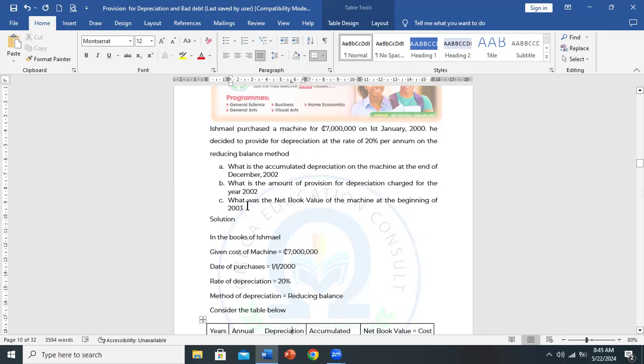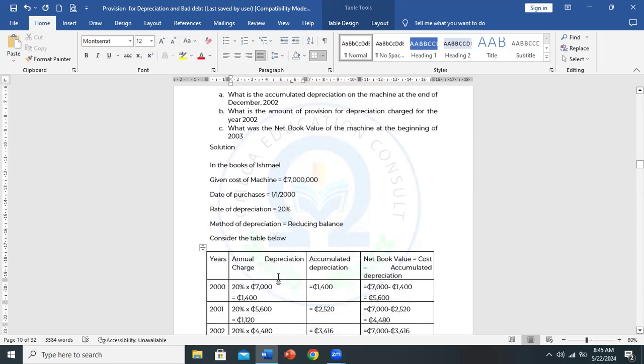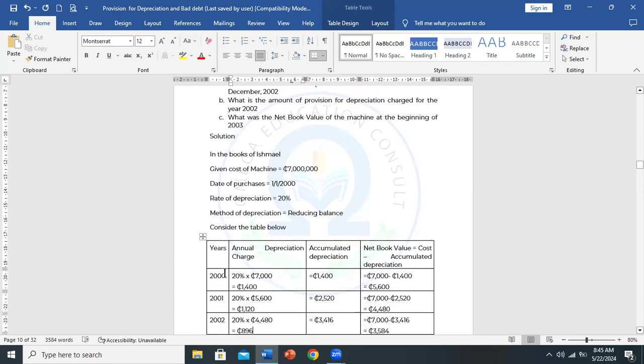You can do a simple table or however you'd want to do it. The emphasis is on the fact that you have to calculate the depreciation for each year.